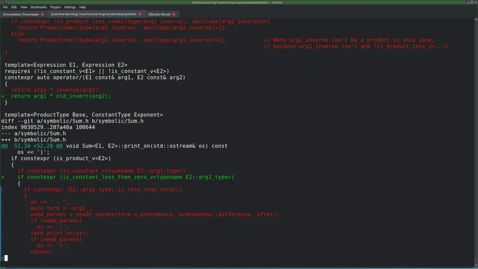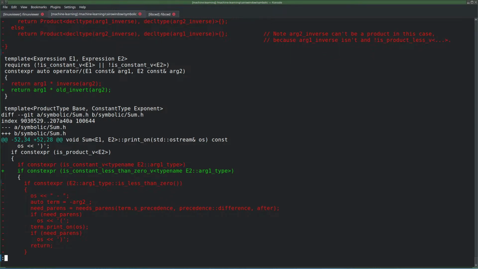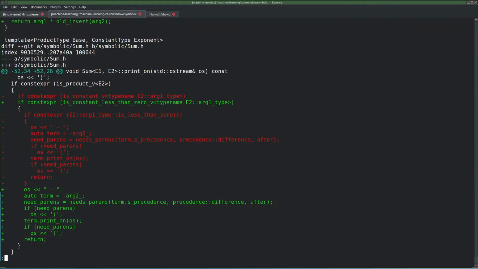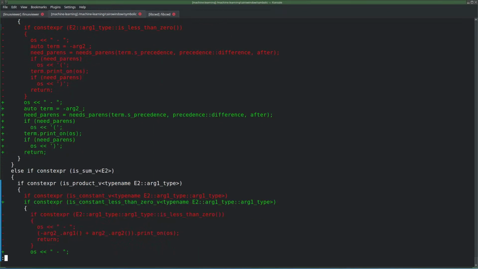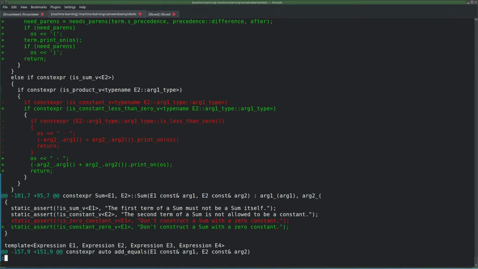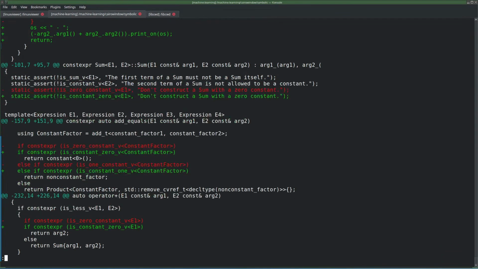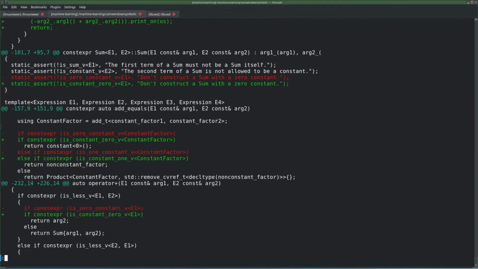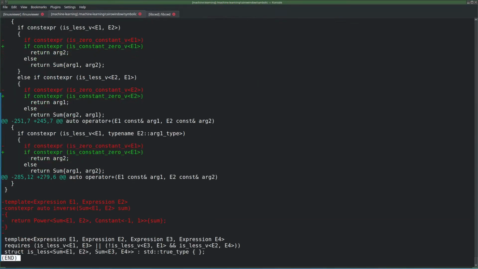Now implemented in the new code, but yeah, in the end I should call the new code directly. Yeah, that's all.